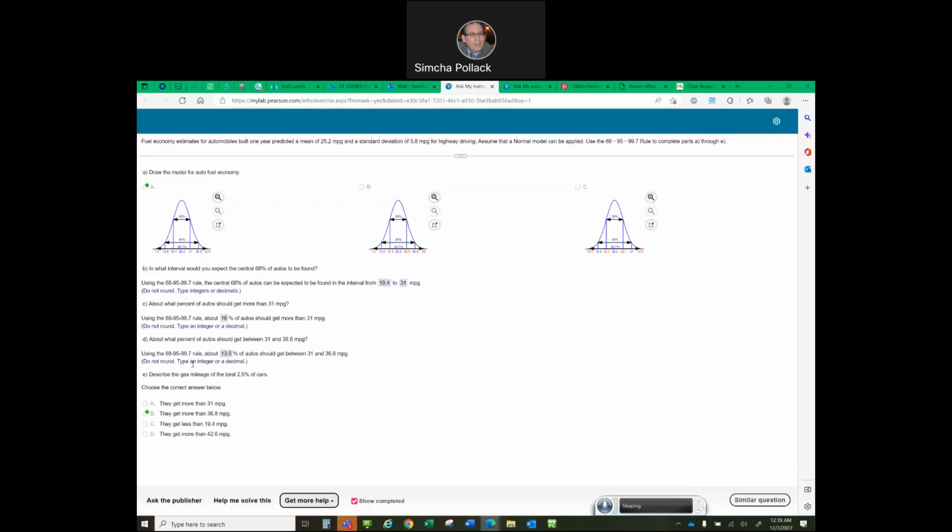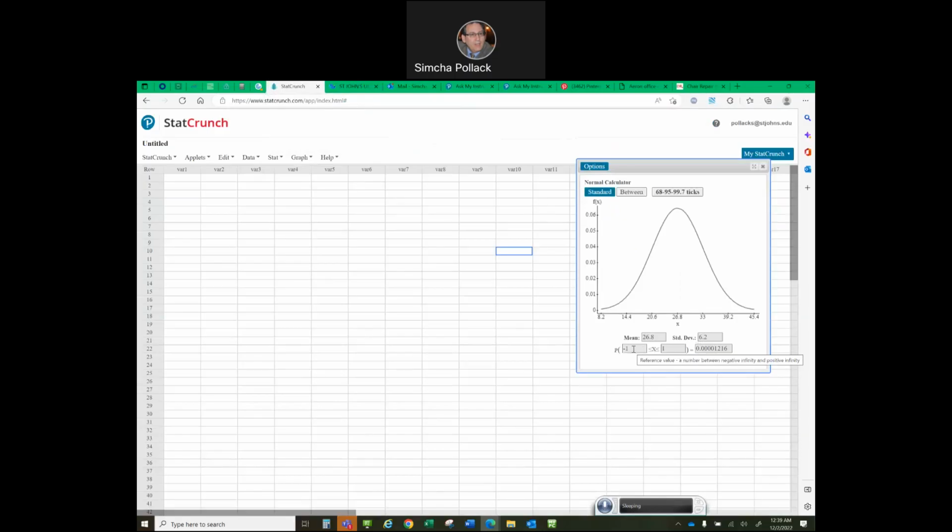I'm not sure you can get that from StatCrunch. Let's just check. Let's see how many more than 31 miles per gallon. We go back to the standard, change between to more than, make this a 31, and compute.